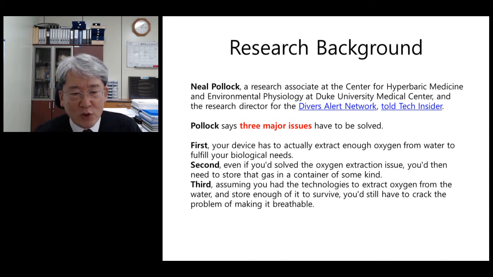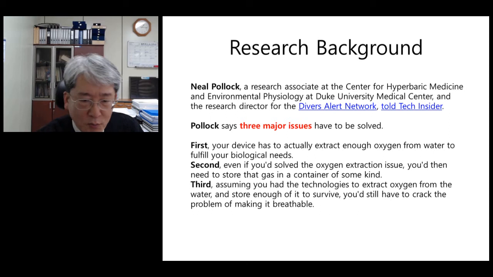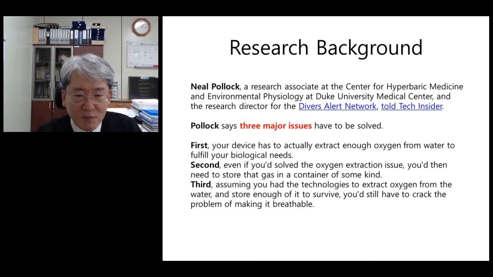Second, we should be able to store it in a container of some kind. The third, we need to make it breathable. The present topic can be said to be related to these issues to some extent.